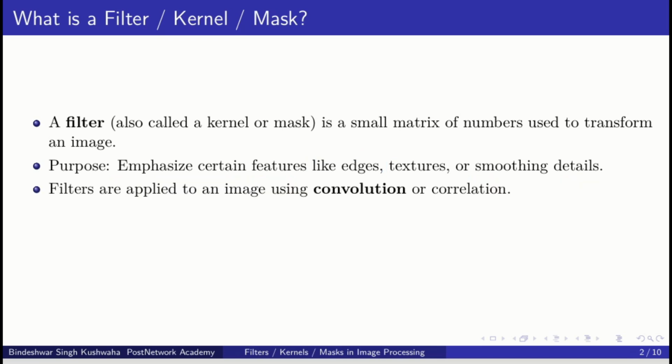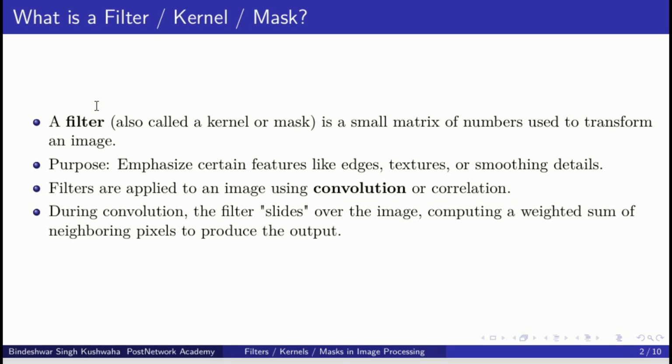Now basically filters are applied to an image using convolution or correlation. During convolution the filter slides over the image and computes a weighted sum of neighboring pixels to produce the output. We will see that.